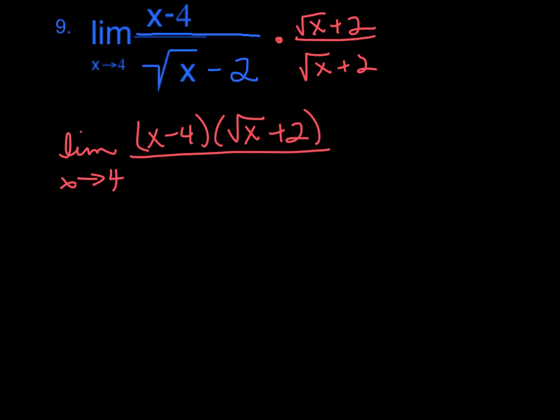Radical x times radical x is just x, and a negative 2 times a positive 2 would be minus 4. Thus why we don't want to distribute through the numerator, because now we can see that we have a common factor in the denominator and the numerator, and we can go ahead and cancel those. So I'm going to cancel that out, and I'm going to cancel that out.